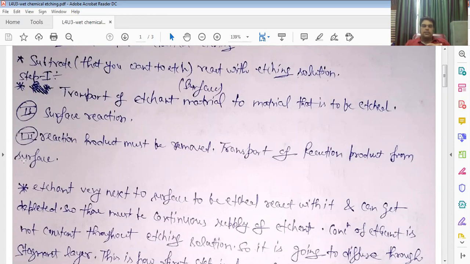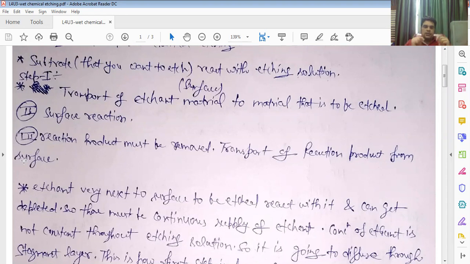First, we have an etching solution, and whatever surface we want to etch, we make contact of that particular surface with the etching solution. Then surface reaction takes place, and reaction products are formed that can be removed from the surface.